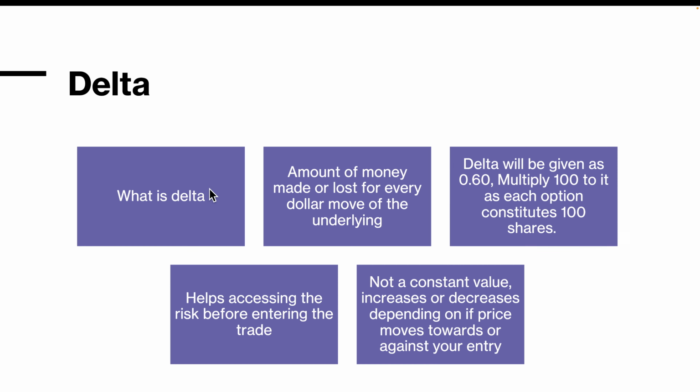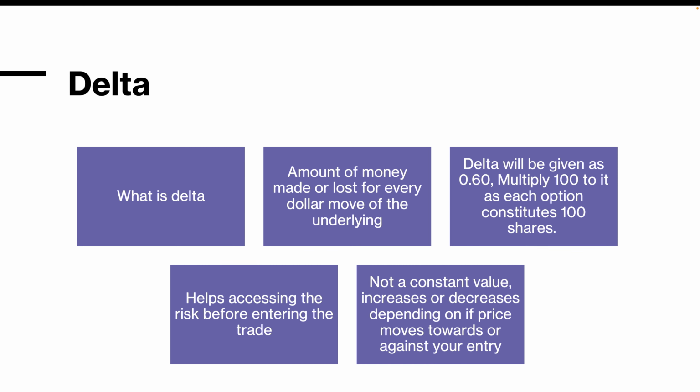So let's go over an example, right? Let's say you have Apple $150 calls, and let's say it has a delta of 0.60. Also, one thing to note, you can see all these details if you select your options in Robinhood or Webull or any brokerage you use.